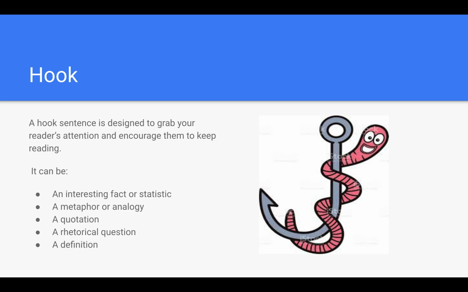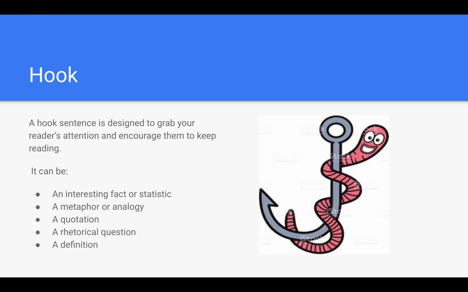So, for our case, you might say, "Do you know where the cleanest beaches in the Mediterranean are?" Or something like that. That would be your inroad into talking about what we're going to talk about. It's why you should go to Cyprus for vacation.